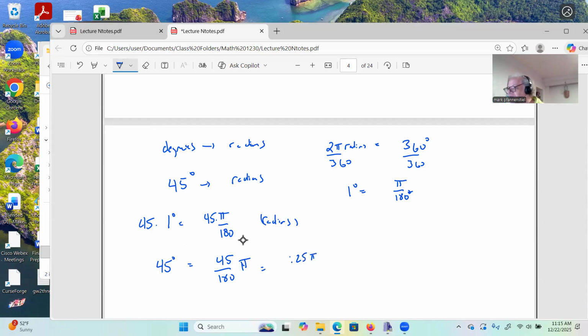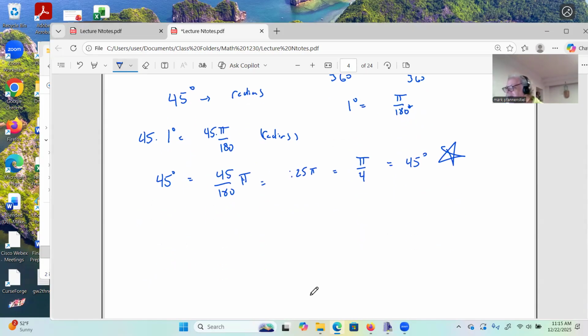Usually we express this as a fraction. 0.25 is 1/4, so pi over 4 radians is equal to 45 degrees. Again, this is one of those angles that you will just memorize after a certain point, to just know that pi over 4 radians is 45 degrees. It's going to take some time for us to do that.